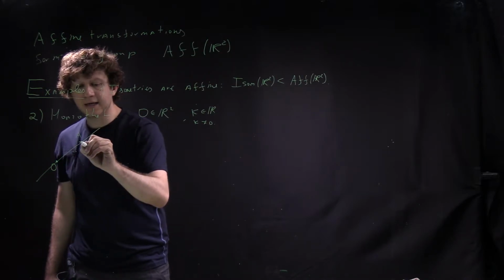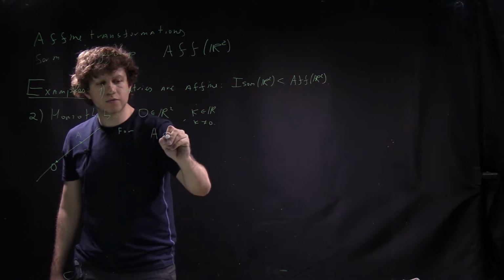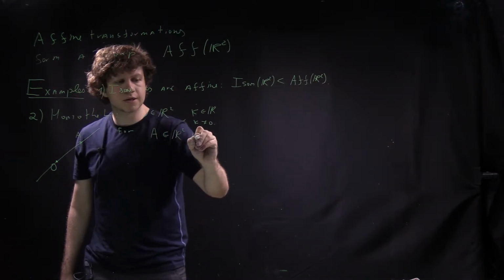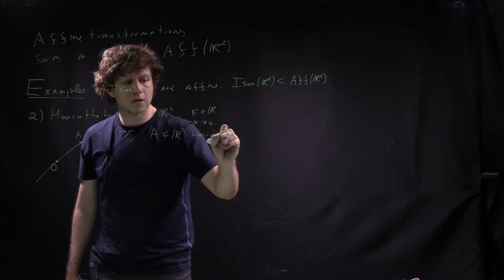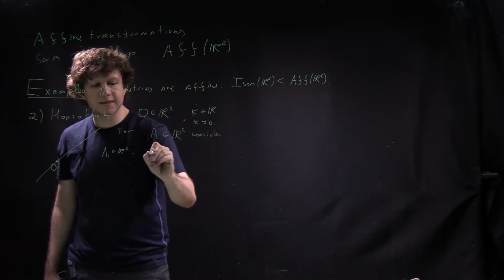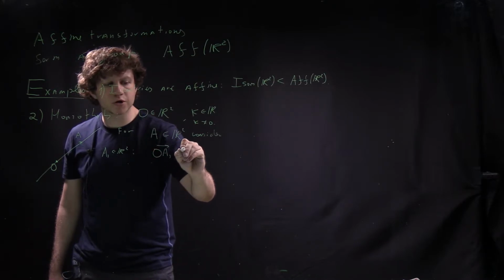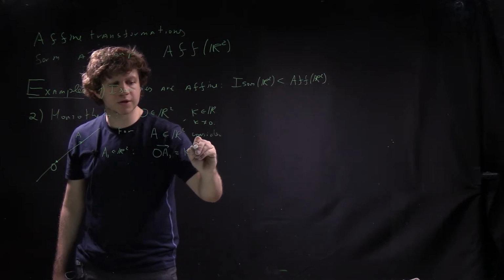Then for every point A, I take the line passing through O, and then, so for A in R2, consider A1 in R2 such that the vector OA1 is proportional to the vector OA with coefficient k.